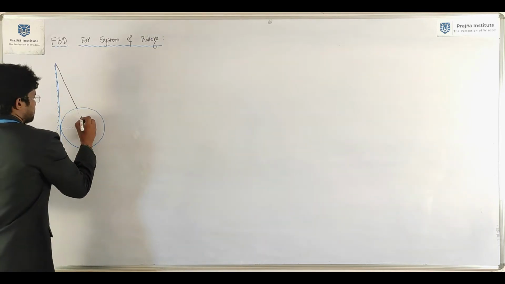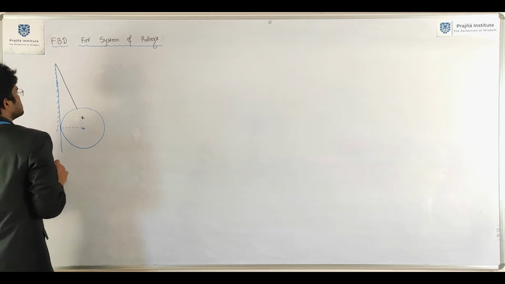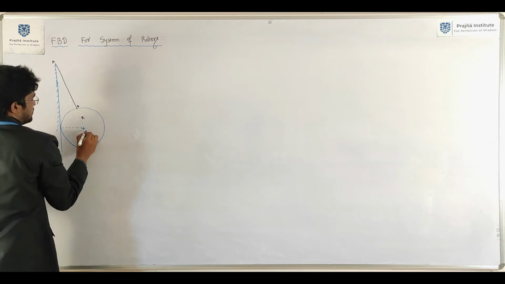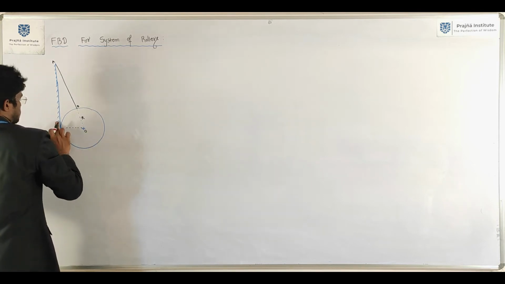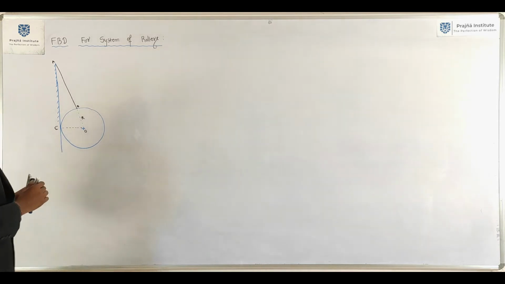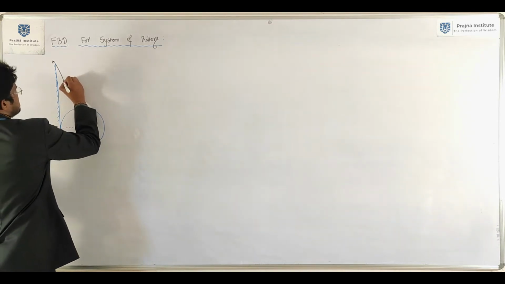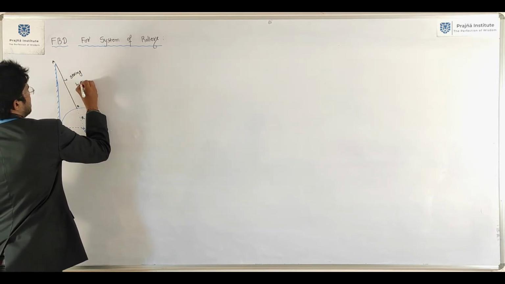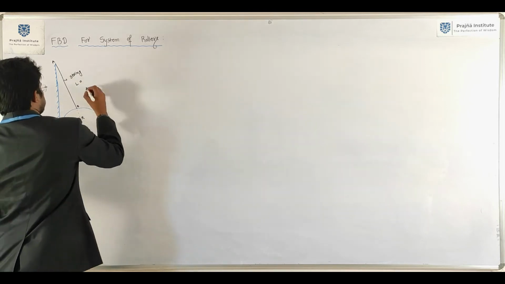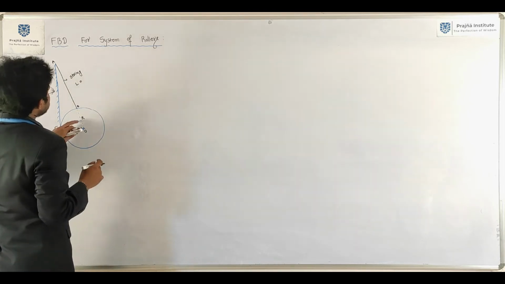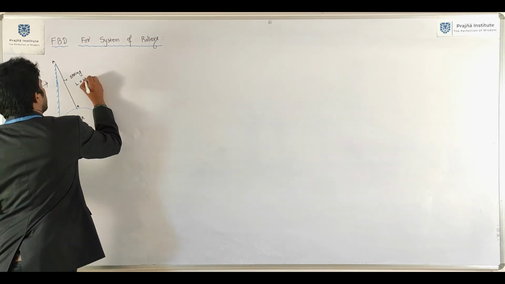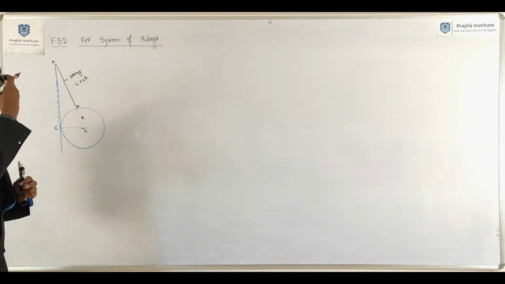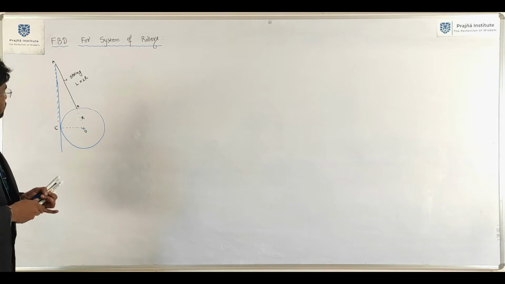Take radius R, and then A, B, this is O, this contact point C. Okay, this is a thread or string of length equivalent to, here you can take it is R, in the sense it will be 2R. Okay, it will be 2R. Now we need to solve the problem.